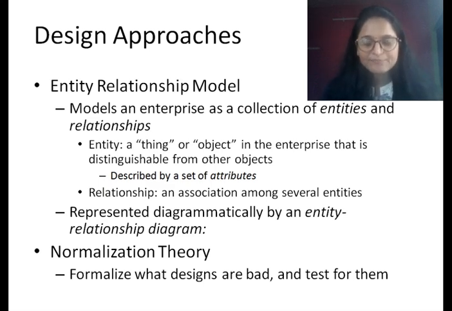First is entity, second is entity set, and third is relationship, then mapping constraints. All are covered in this lecture. So let's start. The entity relationship model is a graphical representation of the logical structure for database design.